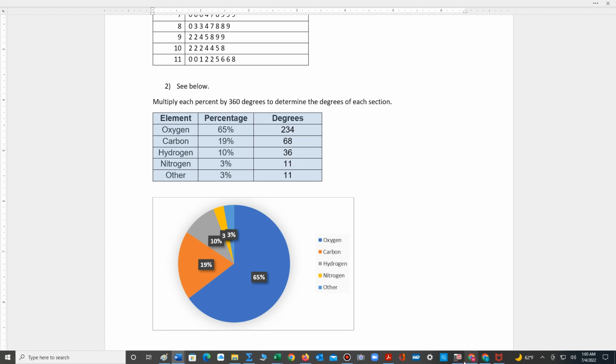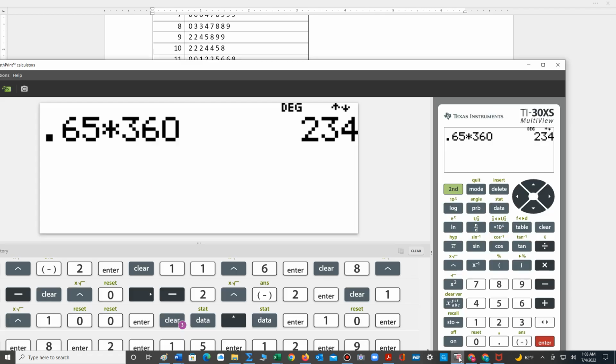So for example, let's take oxygen. 65% of the human body biomass is composed of oxygen. We multiply 0.65 times 360, and that's going to give us 234.